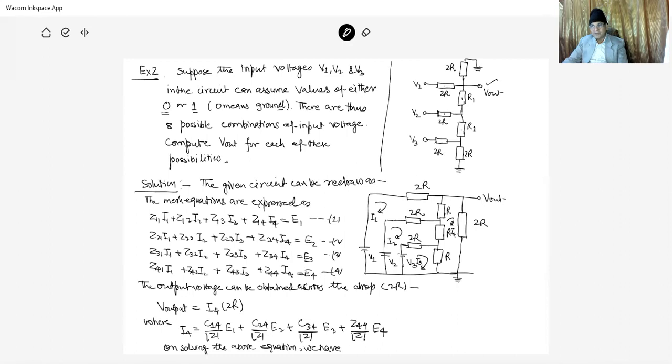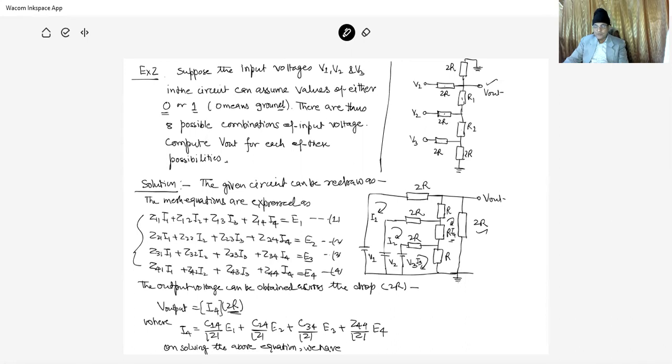From these 4 equations, we can have Z and I with this part. Now we have to find out the output voltage, V output. So for V output, we find I4, the 4th current, that is I4 into 2R.